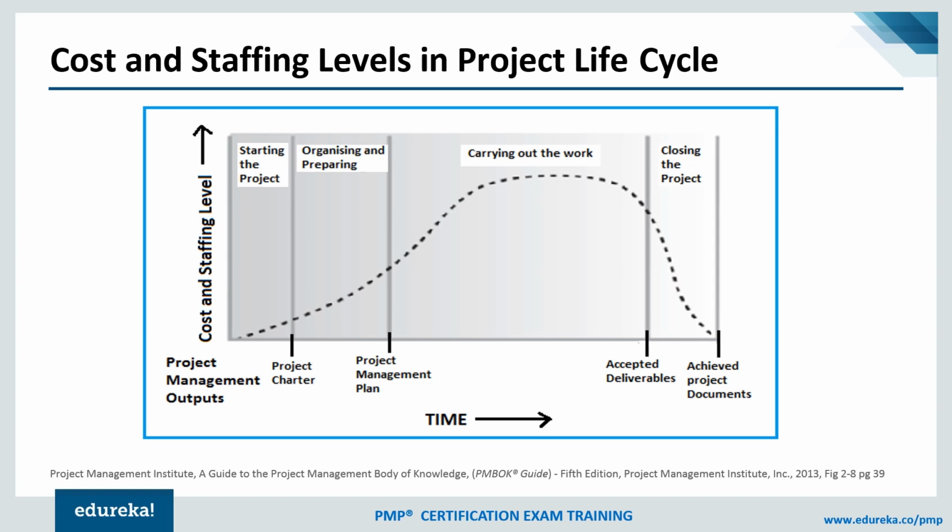So the point to understand here is that the effort and the cost toward the project vary with the progress on the time scale, as your project goes through the different phases of the life cycle. The cost requirement and the staffing requirement will keep on changing.